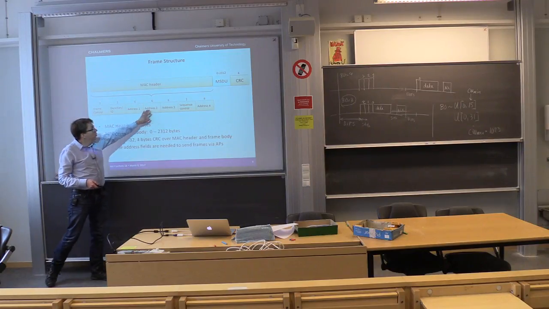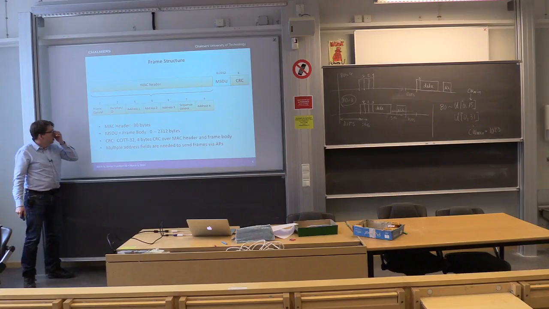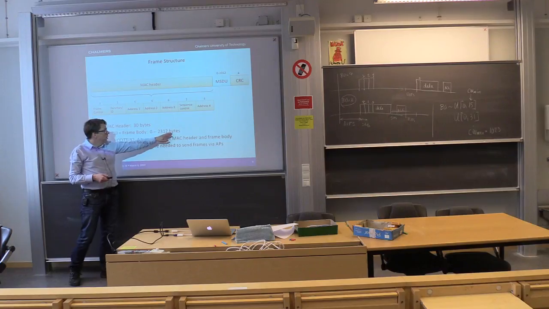Okay, and then there are a couple of addresses and sequence control, actually 4 addresses here. So let's explain why. The MAC header together is 30 bytes. This blue part, which is the payload from the layer above us, could be from 0 to 2312 bytes. Okay, so this is larger than a typical packet on Ethernet, which is 1500 bytes.